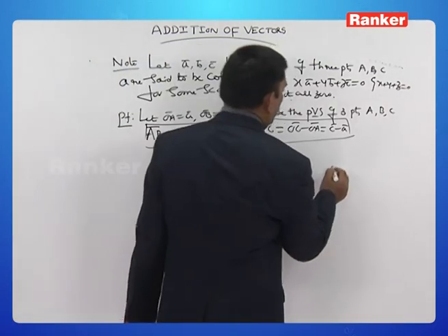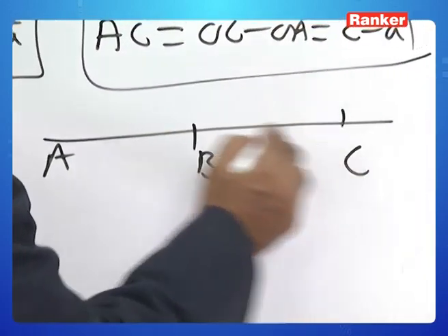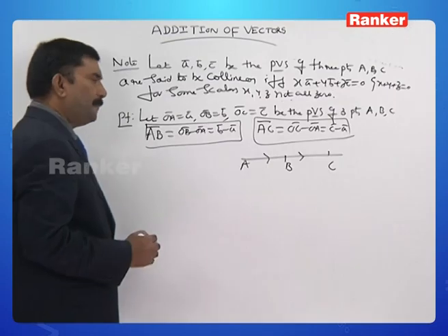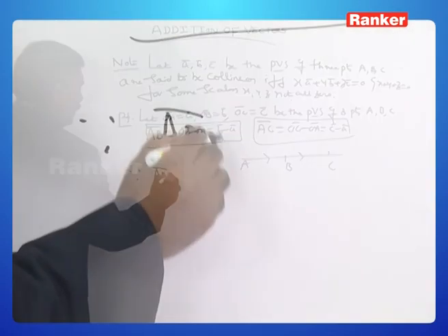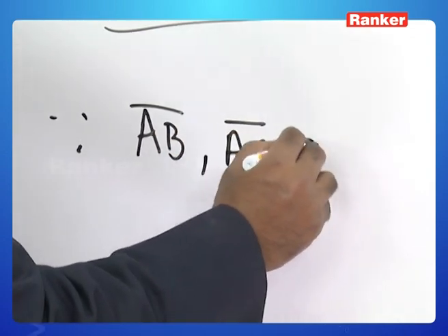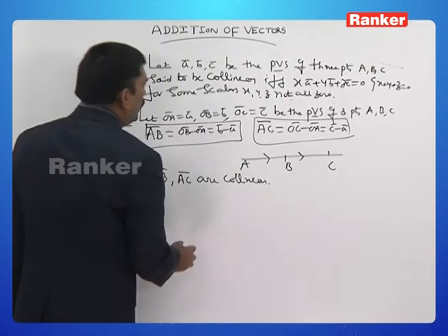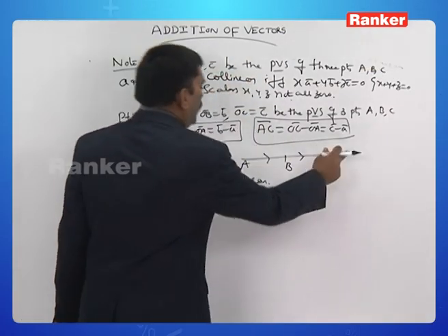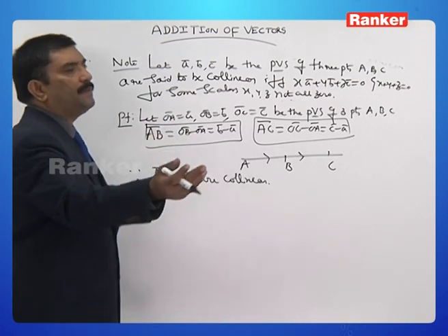One vector can be expressed as a scalar multiple of another vector. What we have taken? We have taken A, B, C. All are collinear. So therefore, since AB bar, AC bar are collinear, why collinear? When A bar, B bar, C bar are collinear, the vectors formed by the three position vectors are also collinear.